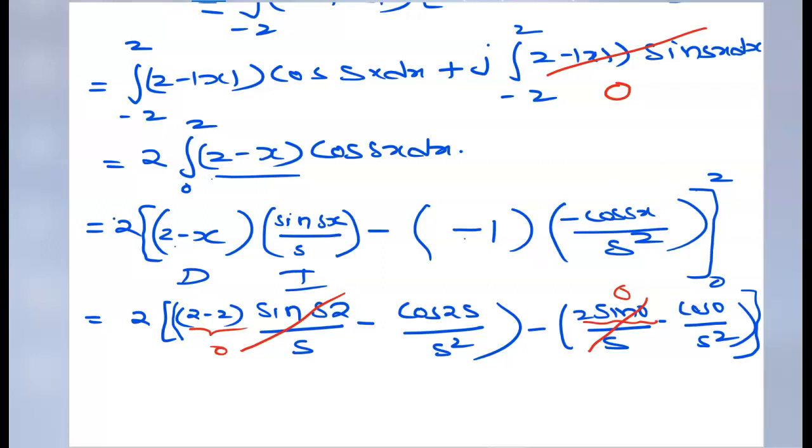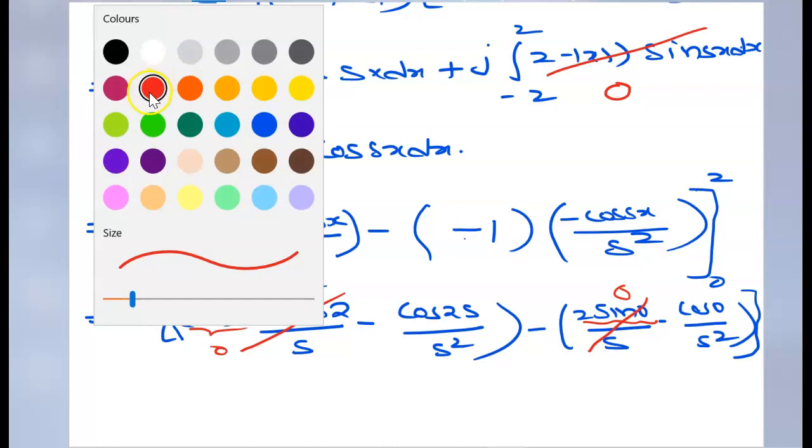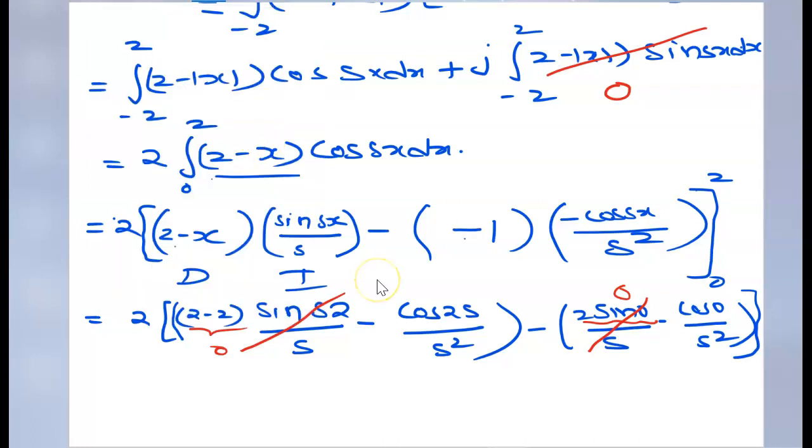So whatever is remaining, I'll write at the next step. So this is equal to 2 times, what is it we are having? 2 times minus cos 2s divided by s square. This minus plus cos 0 is 1 by s square.